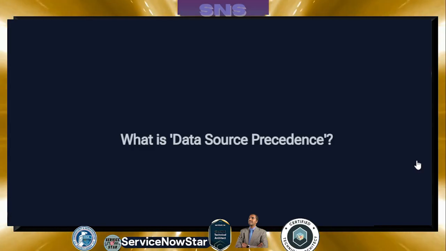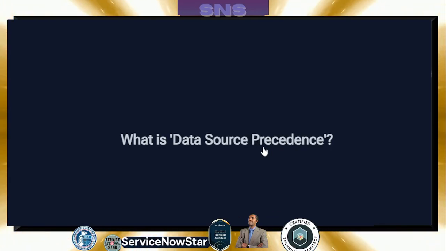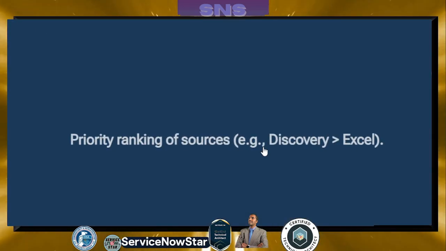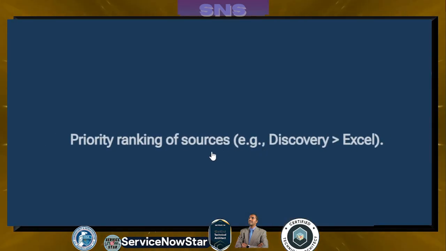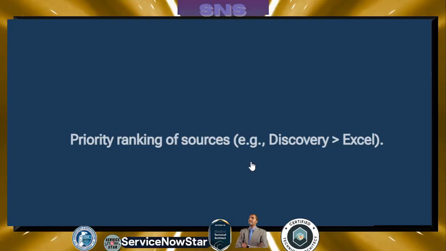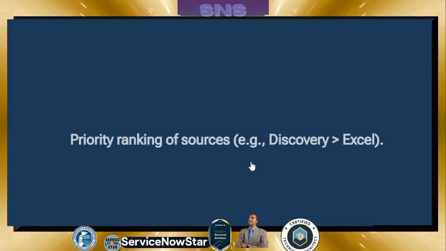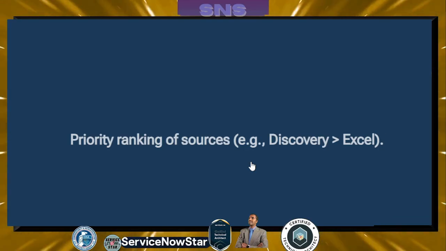Seventh one, what does data source precedence mean? Precedence, that's a keyword. This is a priority ranking of a source. Let's say you have discovery, Excel, and so on. You may have different data sources. Now, which one has a higher precedence than the other one? So you're putting a priority.